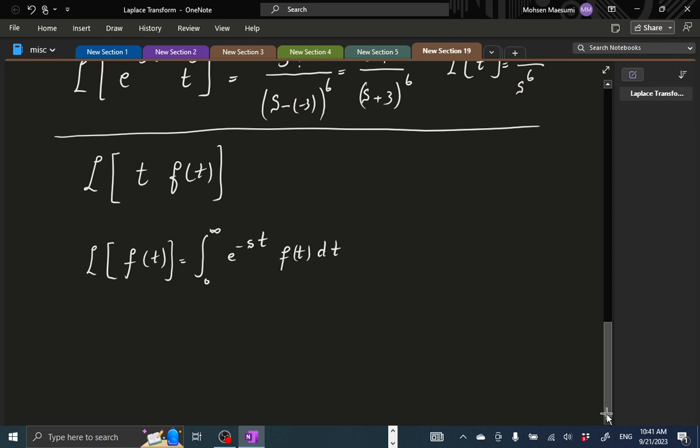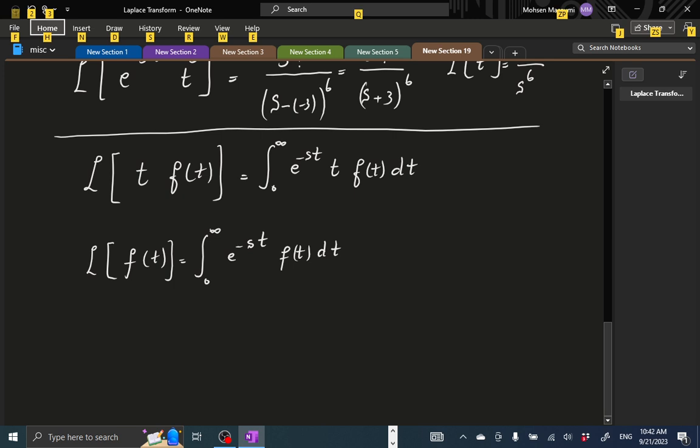Now, what I'm after here is a creature that looks like this. I have the same exponential, but I have also a t f of t dt. The question is, how can I force this thing to have an extra t in it? How can I force an extra t in my integration?